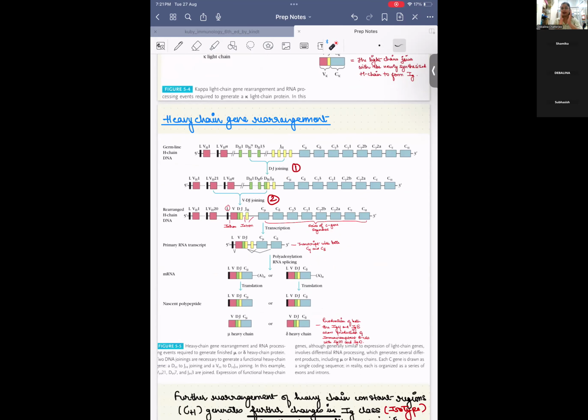And that is how the heavy and light chain molecule is assembled. Only this D segment is in addition present in heavy chain between the V and the J region. The variability in the antibody molecule is because of this V gene segment, because that is the segment that encodes the N terminal of the protein where the antigen binding site is present.